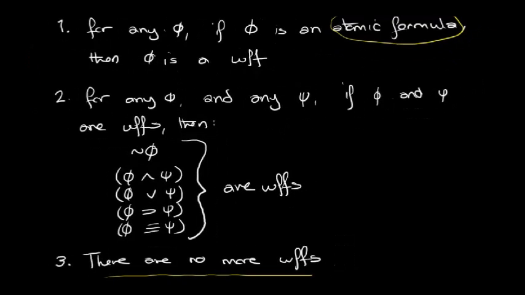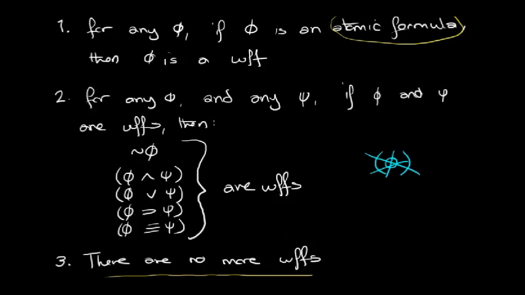Right? We have, for any phi, if phi is an atomic formula, then it's well formed. Well, A is an atomic formula, so that's well formed. And then for any well-formed formula, the following are well-formed formulas. And these are the only 5 combinations. At no point is there phi in brackets. We just don't have that here.